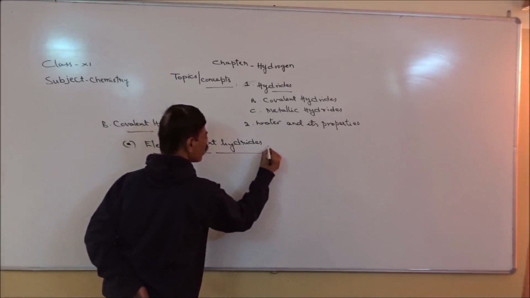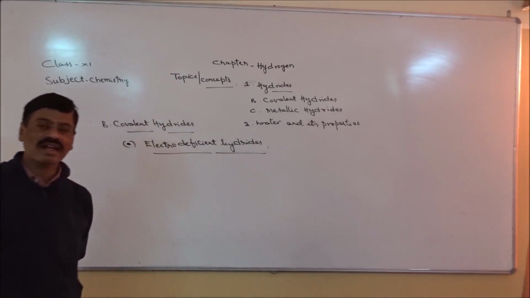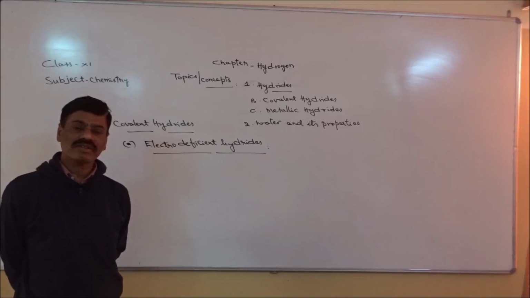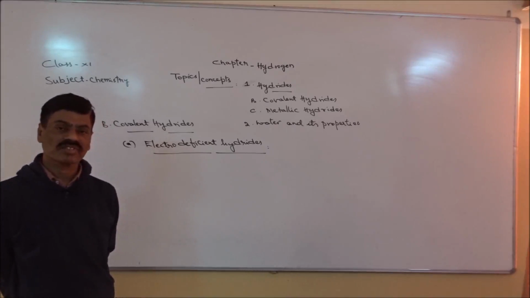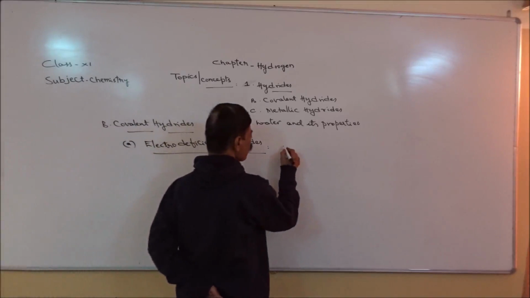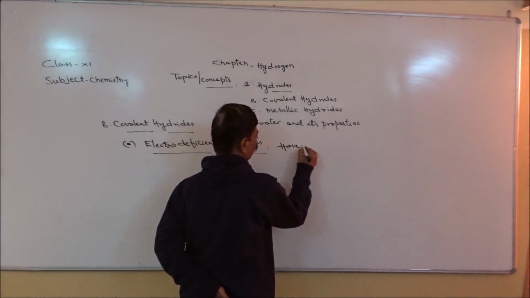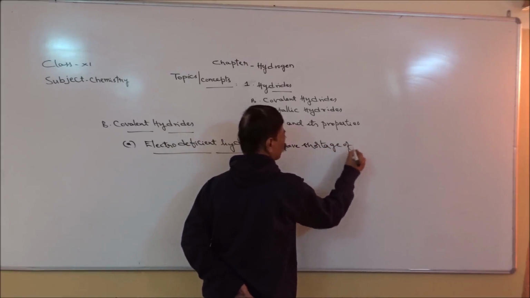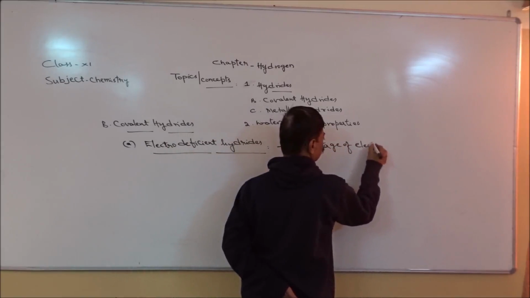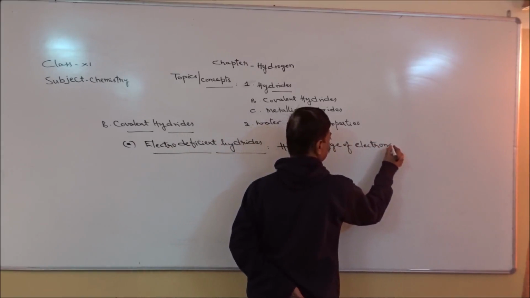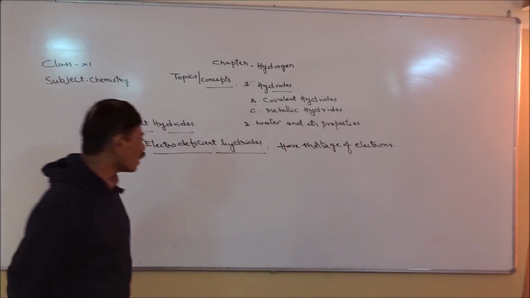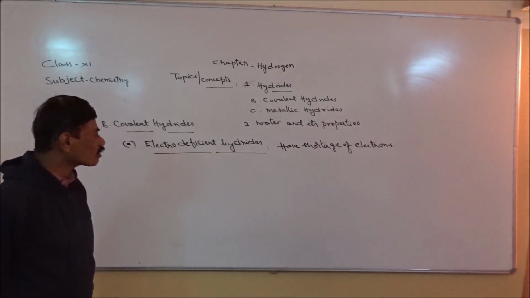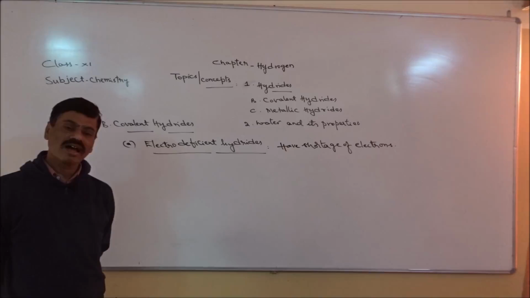Electron deficient hydrides means these hydrides do not contain required number of electrons, or they have shortage of electrons. So such hydrides are known as electron deficient hydrides.